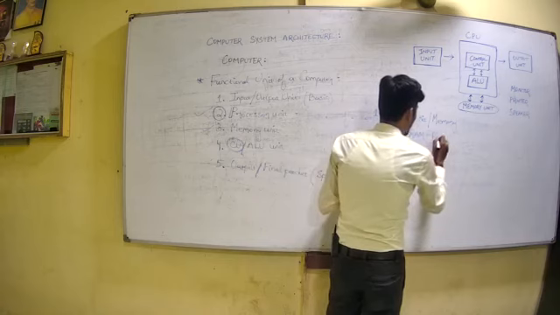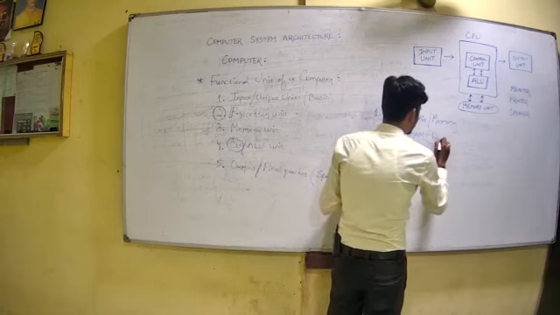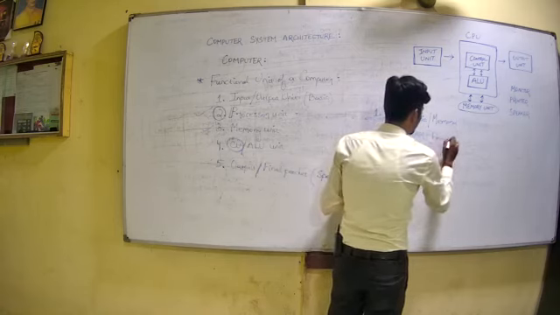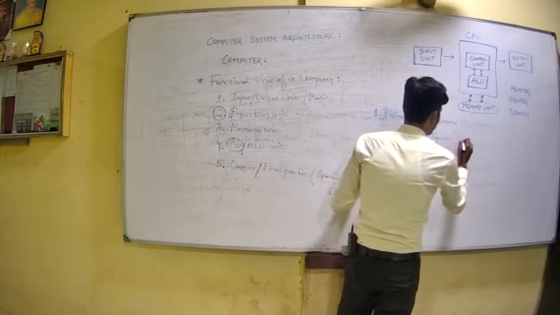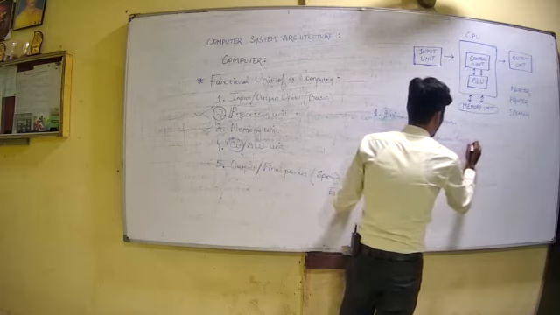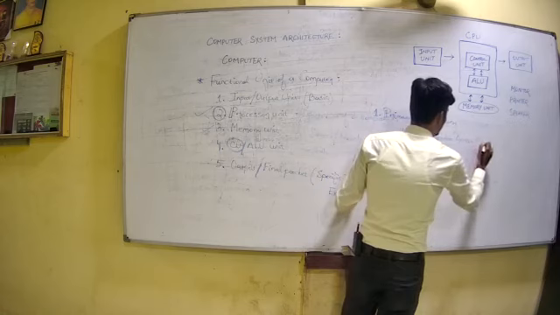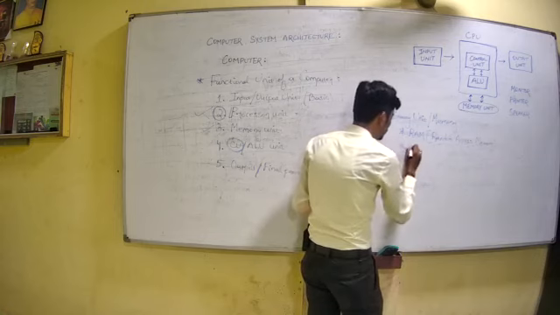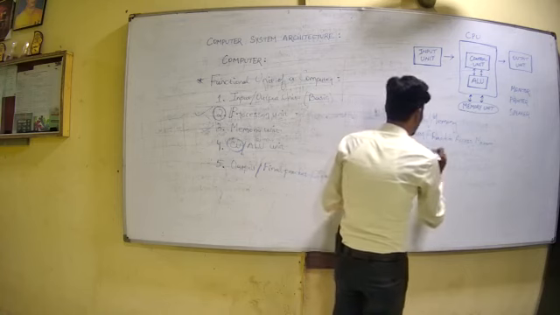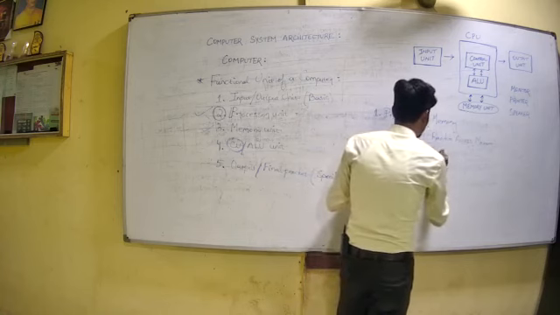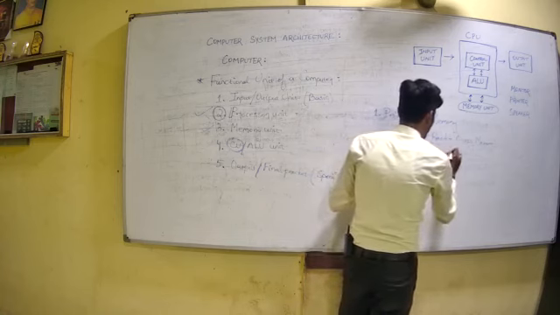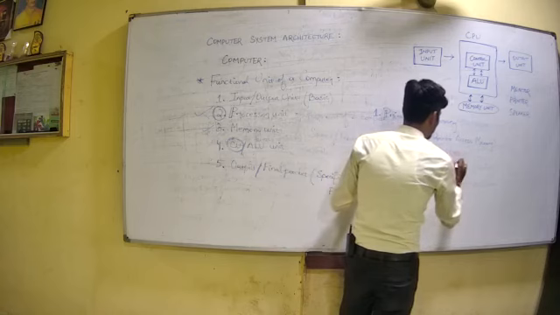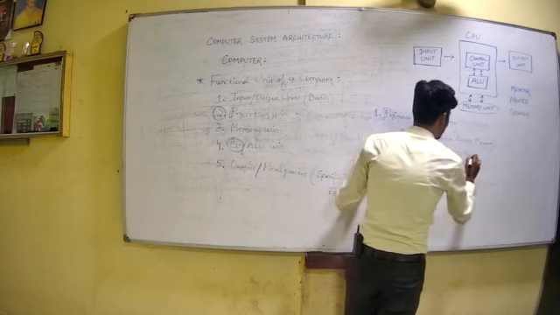The full form of RAM is Random Access Memory. And the second part is ROM. The full form of ROM is Read Only Memory.